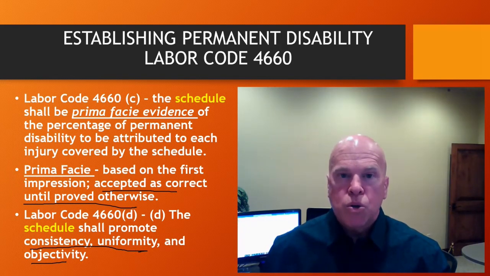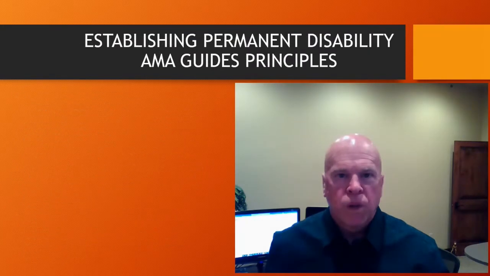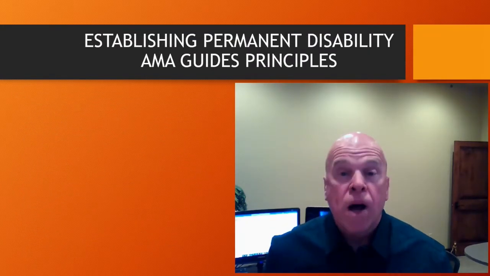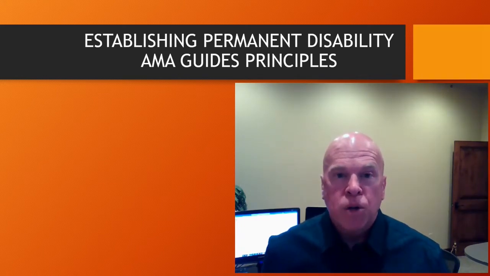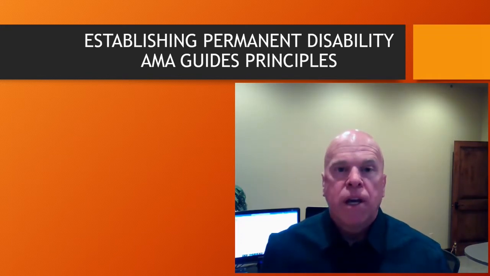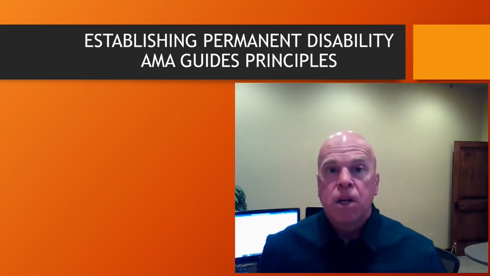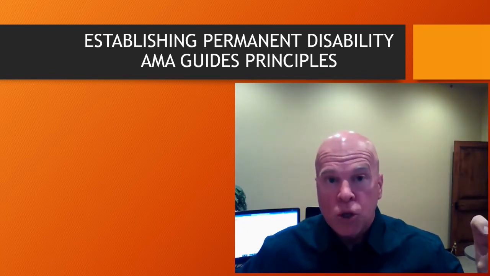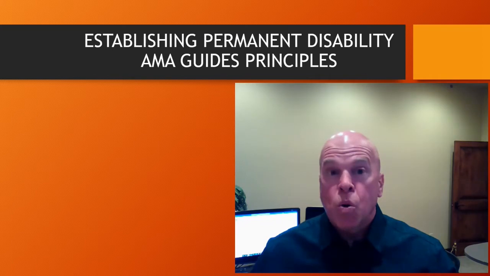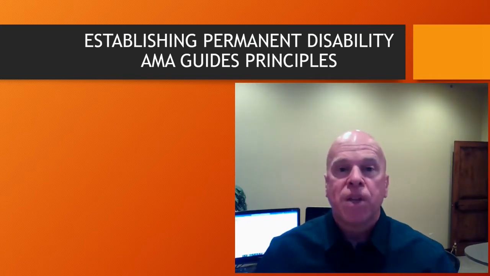So let's go into some practical procedures as to how you can prove otherwise. Now, if you're going to attempt to prove that your examinee's permanent impairment rating is not accurately described under the strict and conservative approach in the AMA guides, and that your examinee's permanent disability rating is greater than that provided for by the schedule, then what's required is that you rebut or disprove some component part of the schedule.